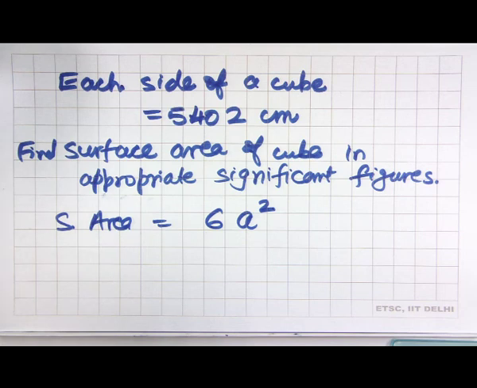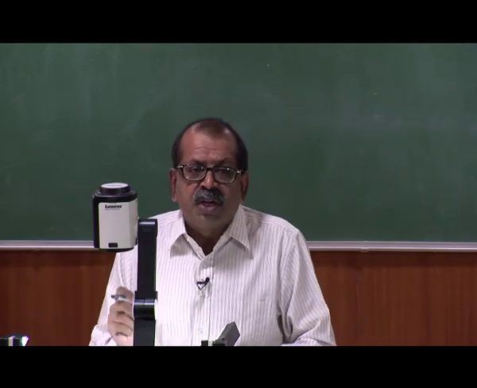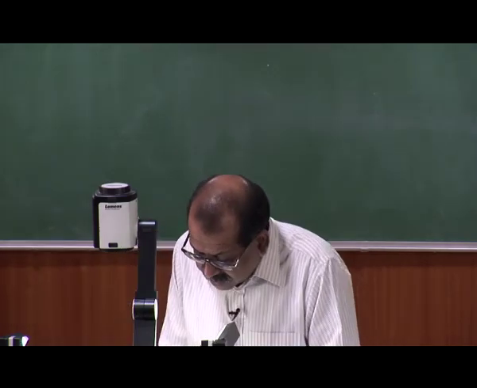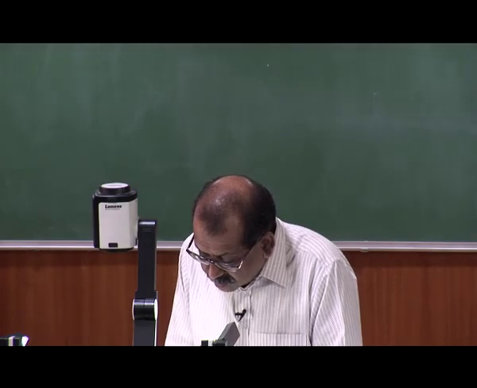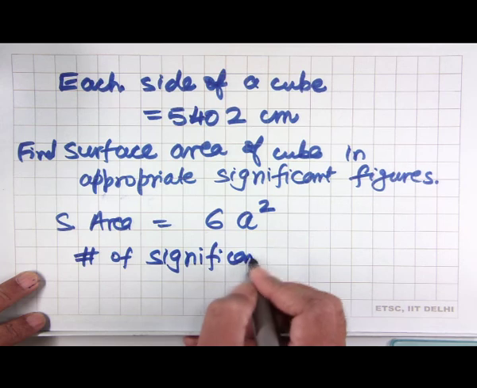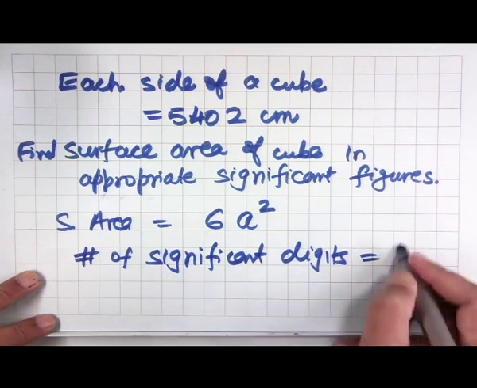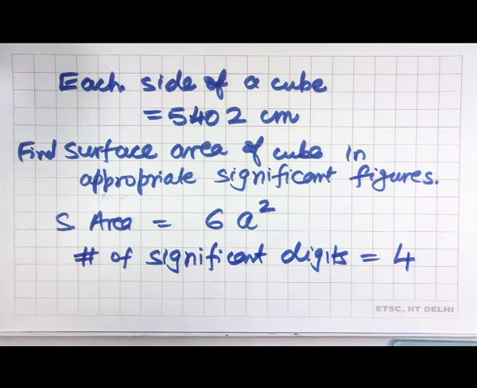Since a multiplication is involved, the final answer has to have the same number of significant digits as the original given data. Now, in the given data, the number of significant digits is equal to 4. So, the final answer also we have to write up to 4 significant digits.